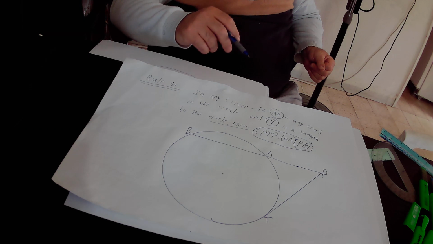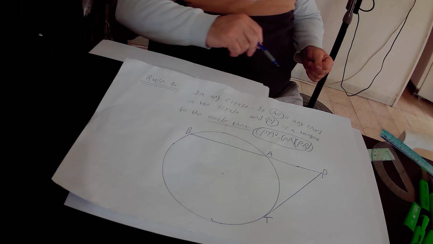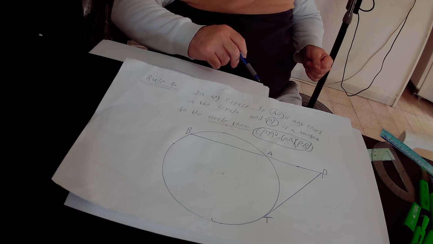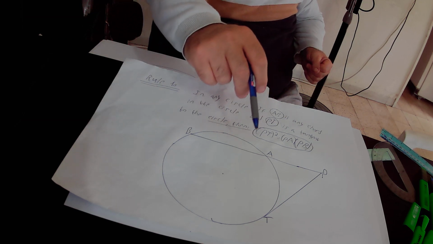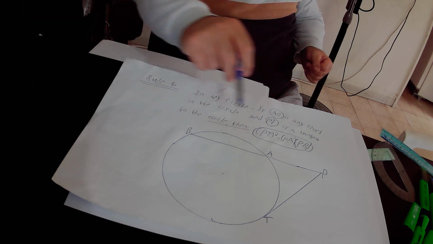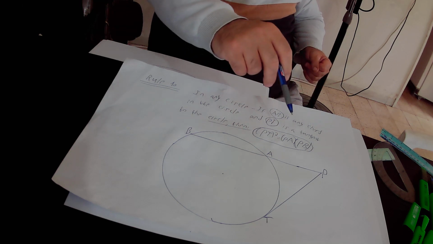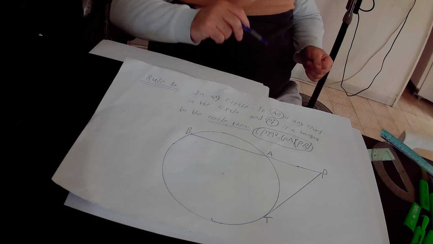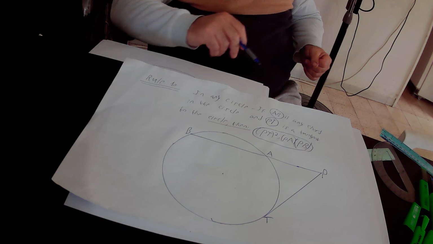Actually, before that, in this drawing, the following equation is true: PT square equals PA times PB. We can implement rule 10 in our drawing. Why?